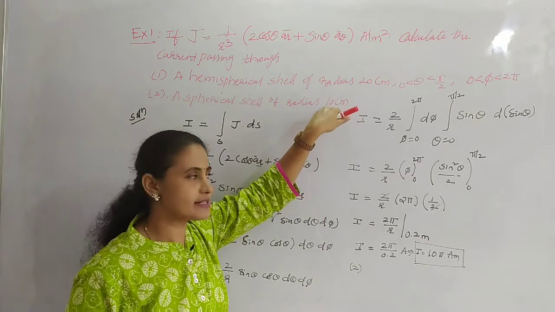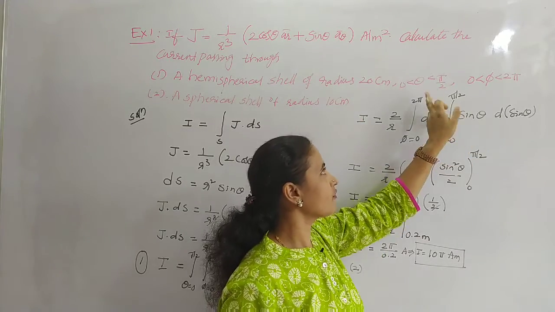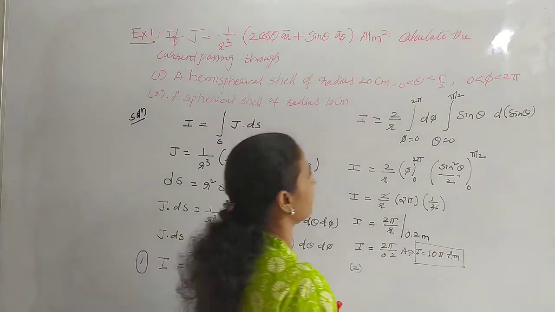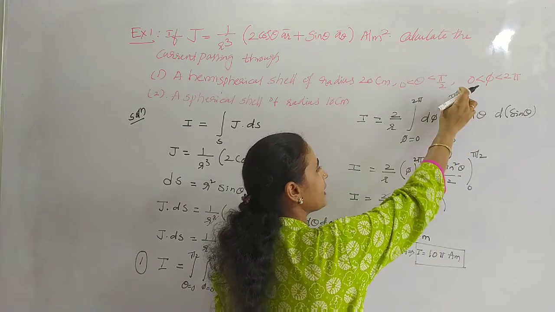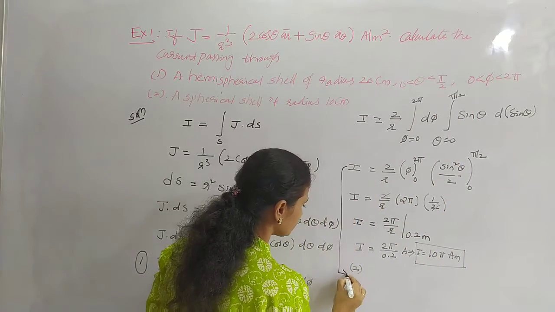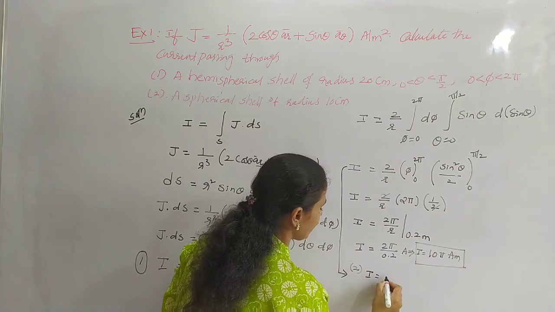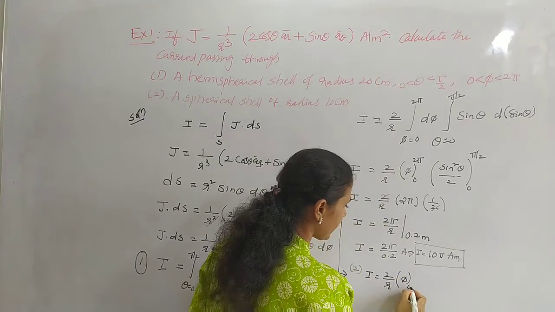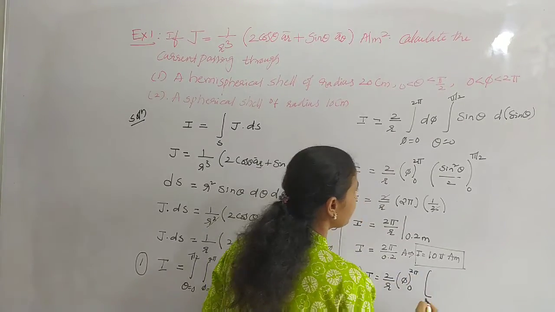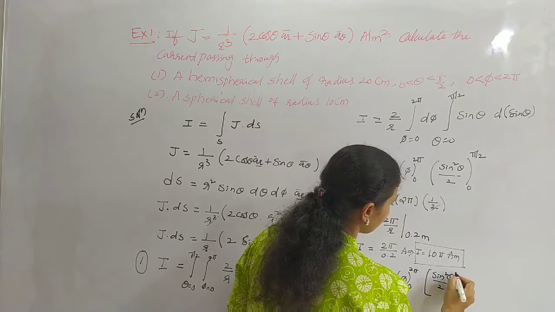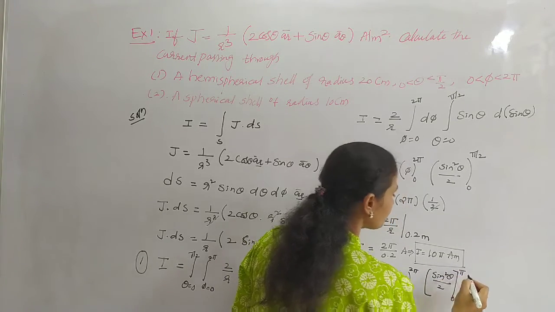Now, in a spherical shell, what will be theta and what will be phi? In a spherical shell, theta will vary not from 0 to pi by 2 but from 0 to pi. So let me rewrite this step here. I is given by 2 pi r, phi from 0 to 2 pi, and here we have sine square theta by 2, with limits 0 to pi.